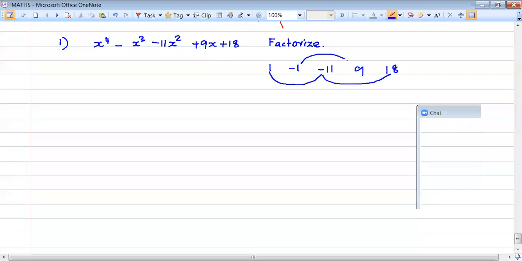And this one also, even power, and this one is even power. Okay. So compare this. Here, what is the answer you will get? 1 minus 11, 18. 8 you will get. Minus 1 plus 9 also 8 you will get.